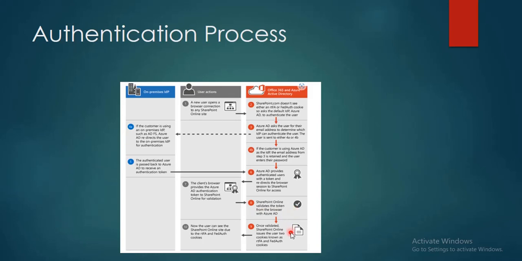Once that is done, SharePoint Online issues the user cookies known as the RTFA and FedAuth cookies. Finally the validation is completed, and the user is granted access to the required resources.